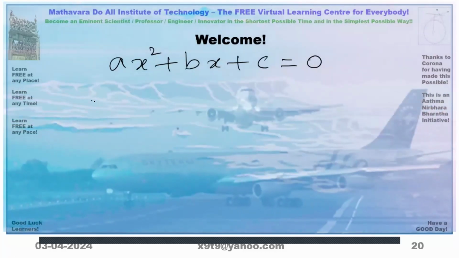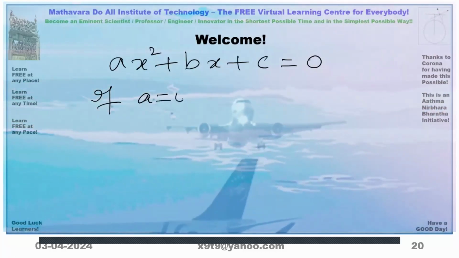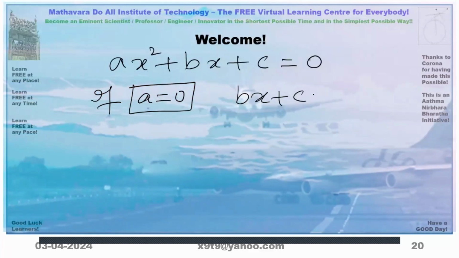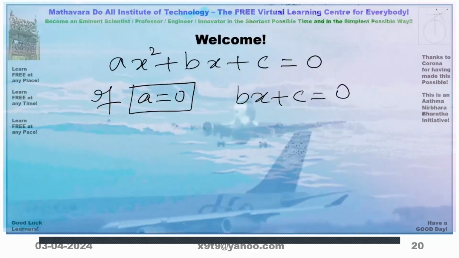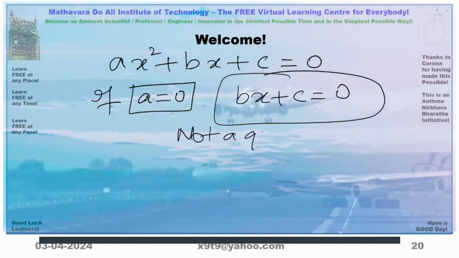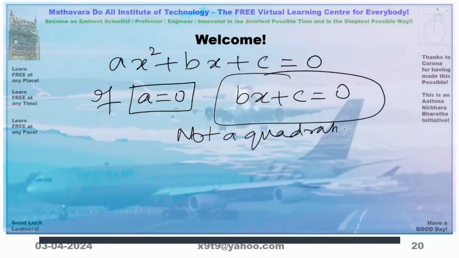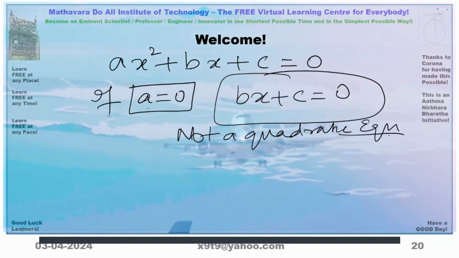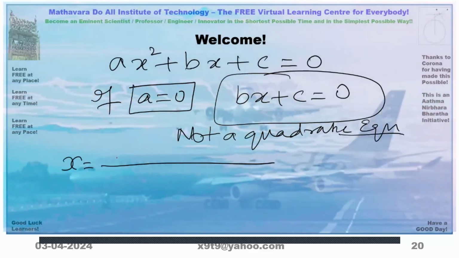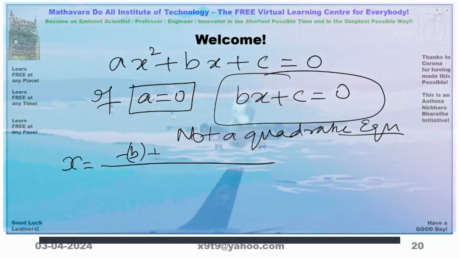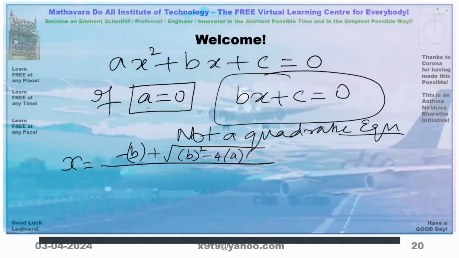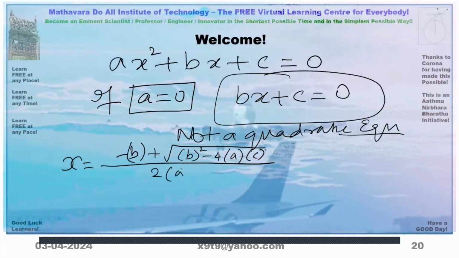Only thing is, suppose if a equal to 0, then you get only a linear equation. Now this is not a quadratic equation. So therefore, we cannot use the formula x is equal to minus b plus minus root of b square minus 4ac over 2a.